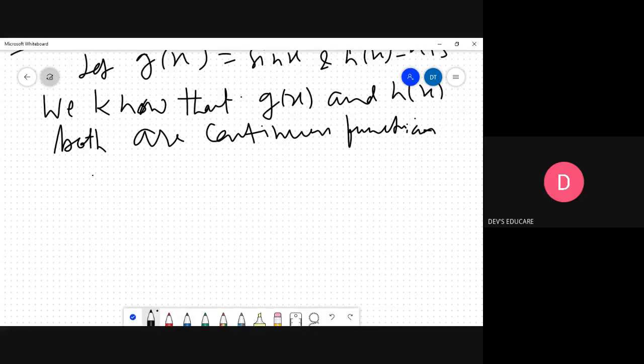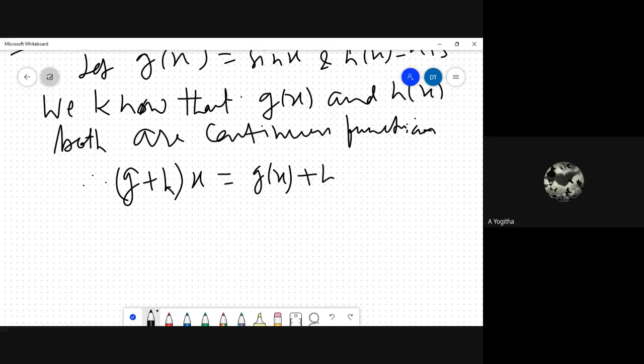Therefore, g plus h of x, which is g(x) plus h(x). Should it be g minus h of x, no? Okay, g minus h.